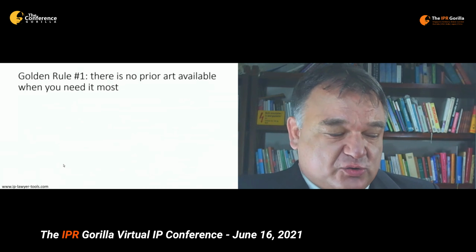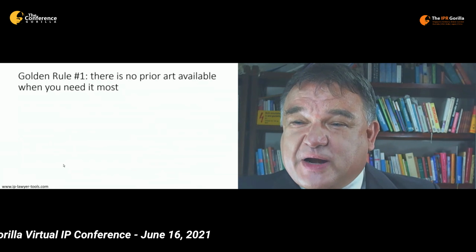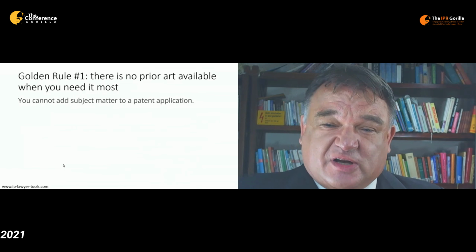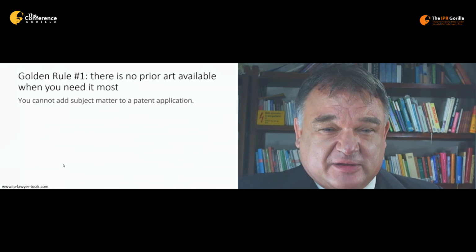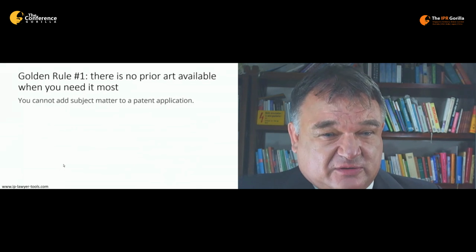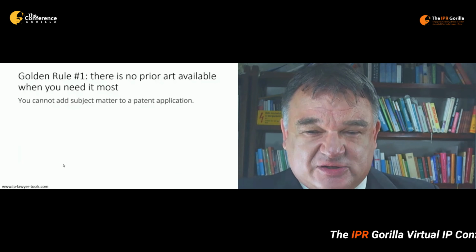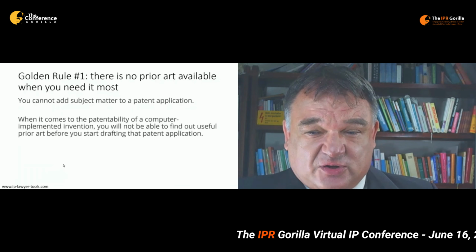So let's explain golden rule number 1. There is no prior art available when you need it most. And when you need it most is when you start drafting the patent application. The problem is, once it's drafted, you cannot add subject matter to a patent application. So it sits there as you have filed it. That makes it extra difficult.